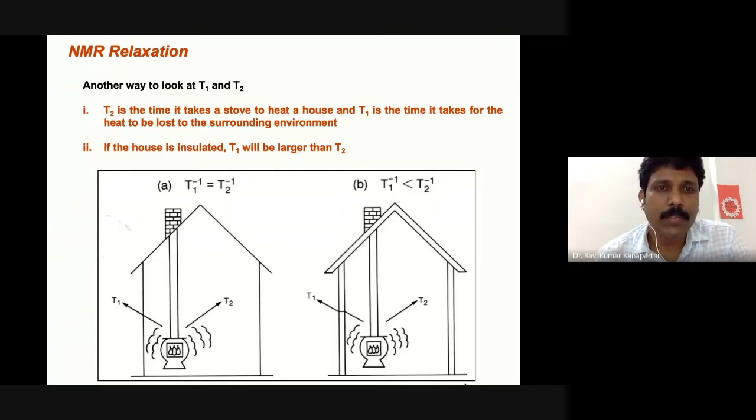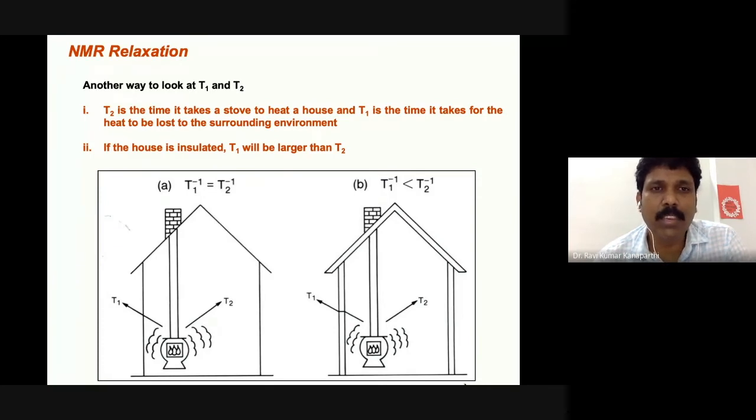Look at this transparency. What you see is another way of looking at the time constants, the spin-lattice time constant T1 and spin-spin time constant T2. Just for your understanding, this example is given.